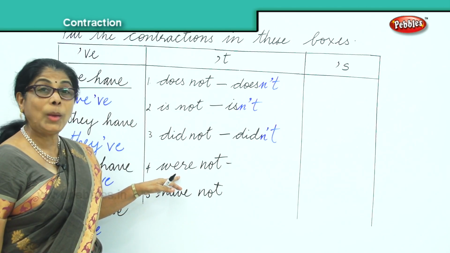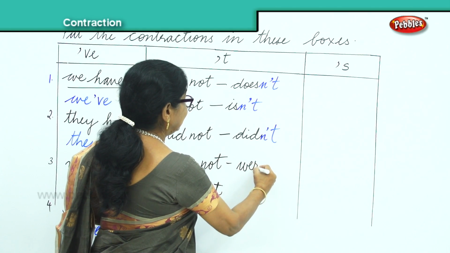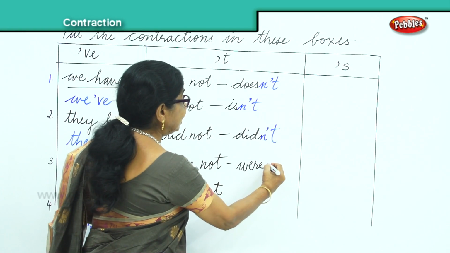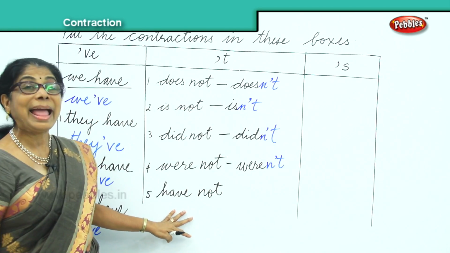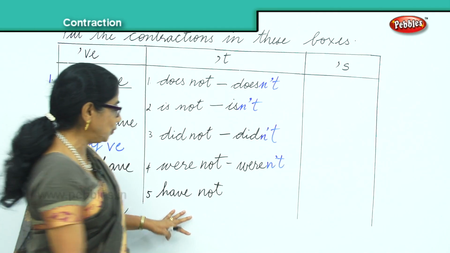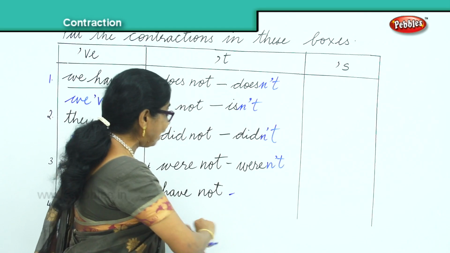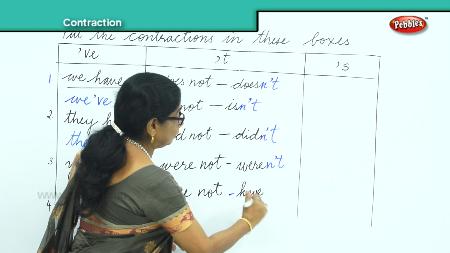Then you have were not. You were not here last morning. Weren't. Have not. I have not brought my things today. So you will say haven't.